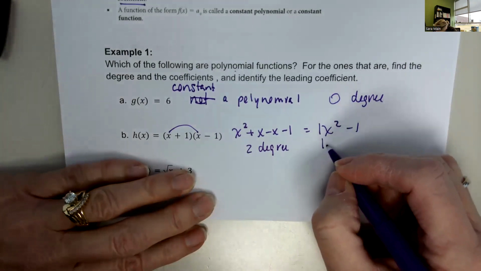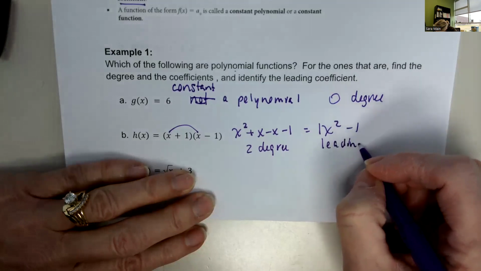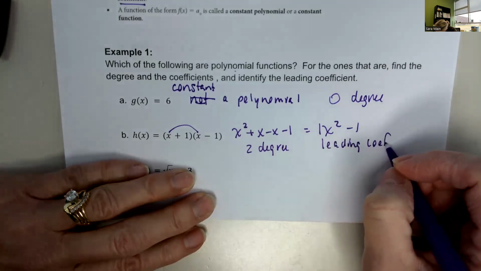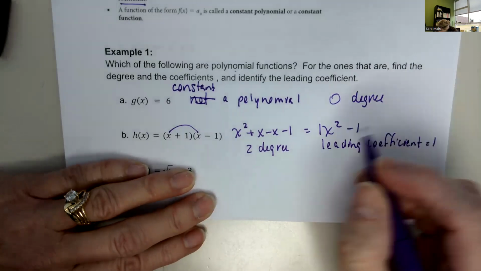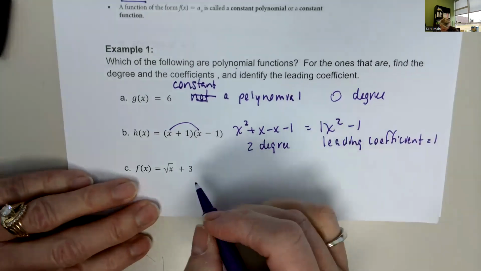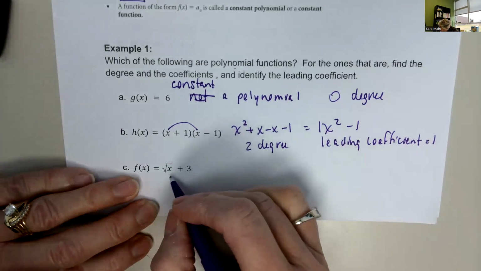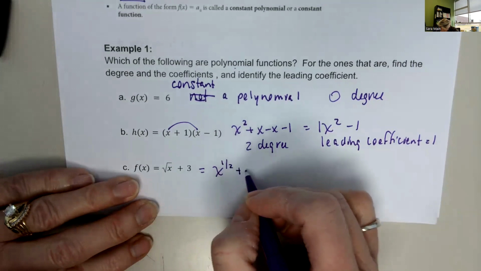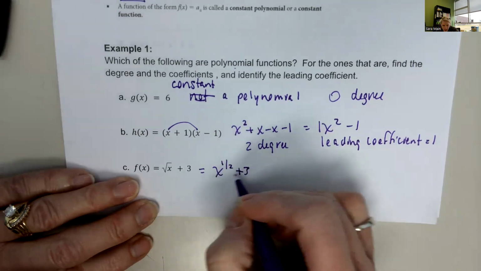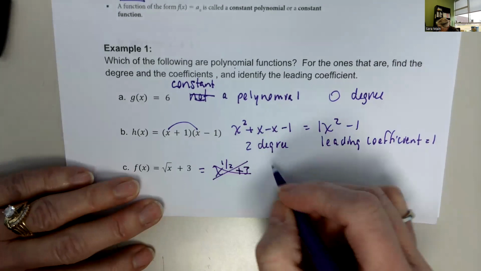So the leading coefficient is a 1. And it's the second degree. And then this one, this square root of x is the same as x to the 1/2 plus 3. And 1/2 is not an integer, so this is not a polynomial.